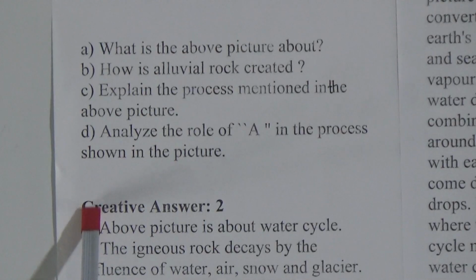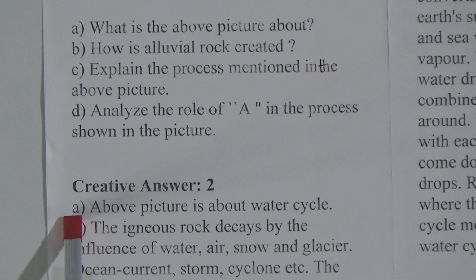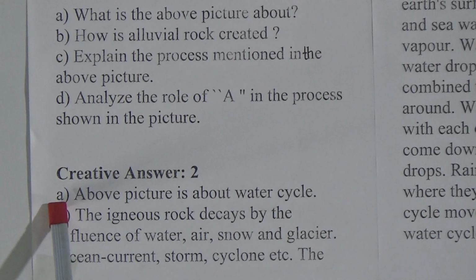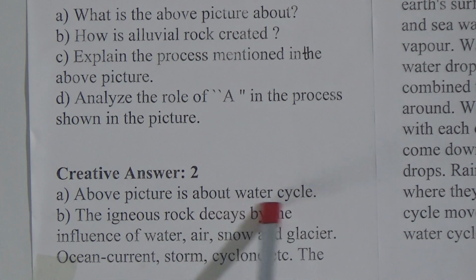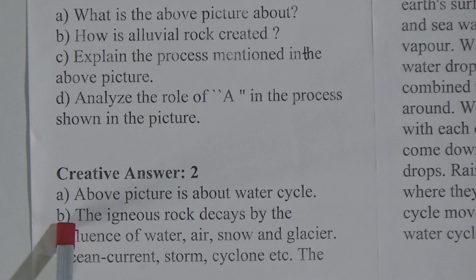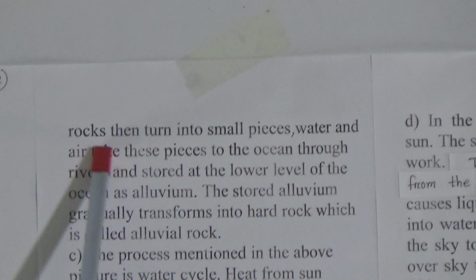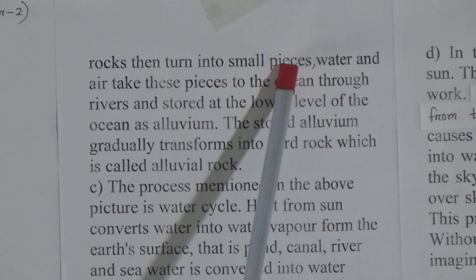Now answer. Creative answer. A number question was, what is the above picture about? The answer is, above picture is about water cycle. Now B number answer. The question was, how is alluvial rock created? The answer is, the igneous rock decays by the influence of water, air, snow and glacier, ocean current, storm, cyclone, etc. The rocks then turn into small pieces.